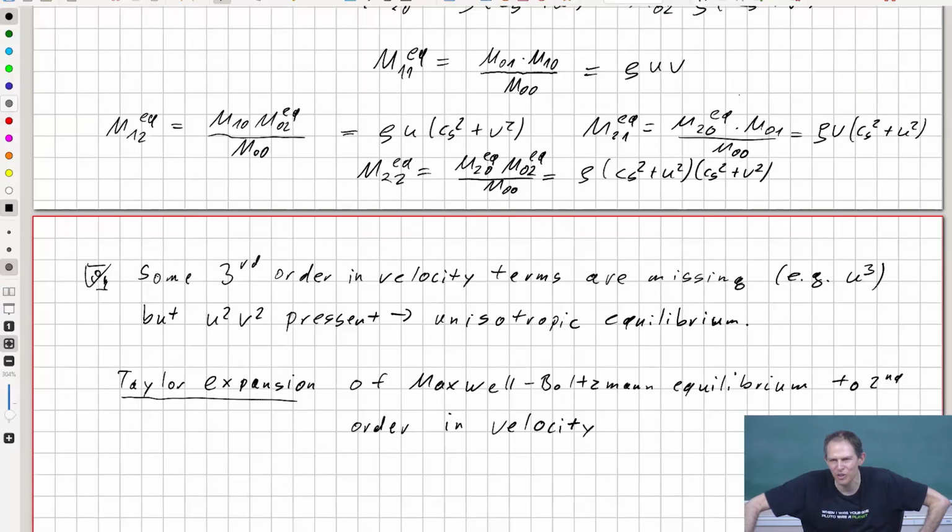I tell you this because I will tell you later that you should always use a moment matching equilibrium, because in reality it is so much better, and it just has this one disadvantage, that it's not isotropic.